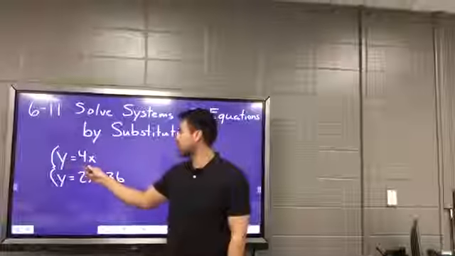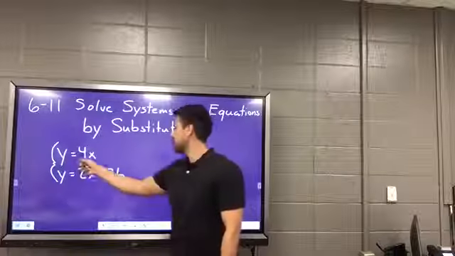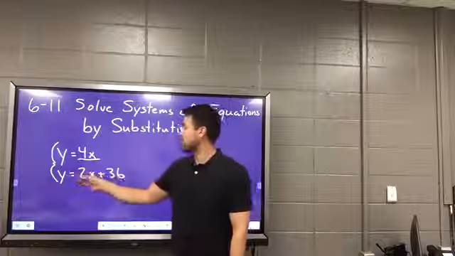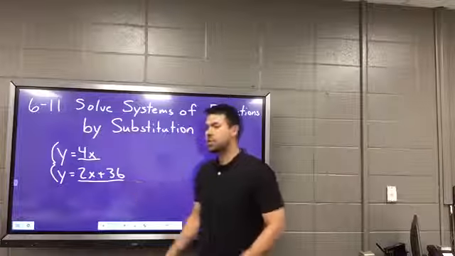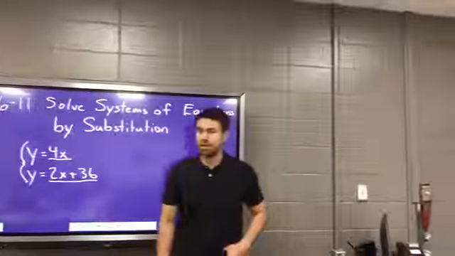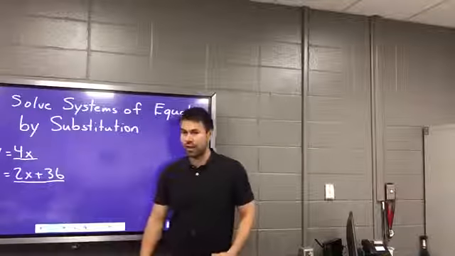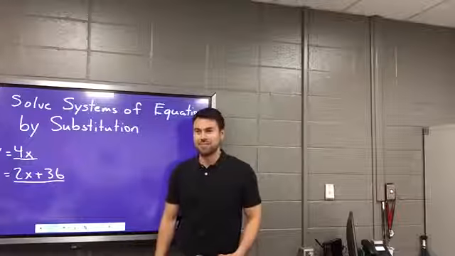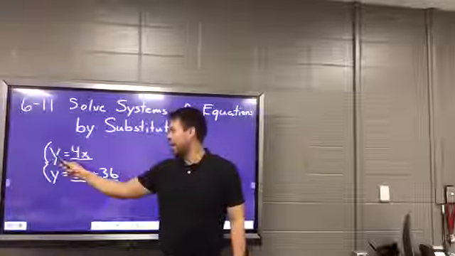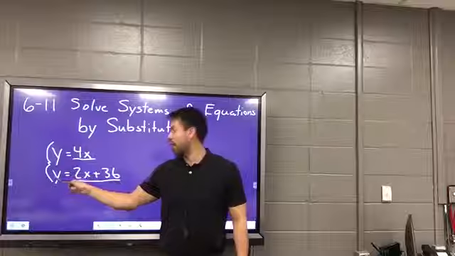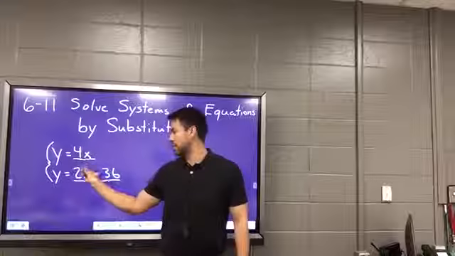Okay, what does y equal here? 4x. What does y equal down here? 2x plus 36. What does that tell me? Get me another equation off of those two facts. If y equals a lady and y equals a girl, what do I know about a lady and a girl?